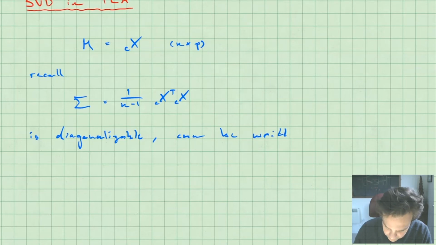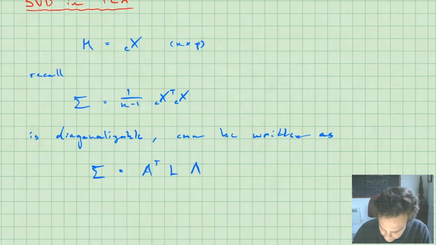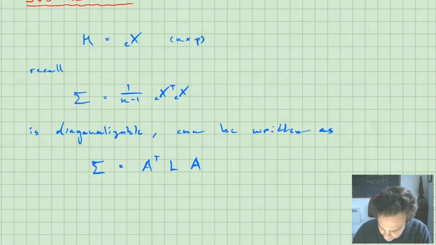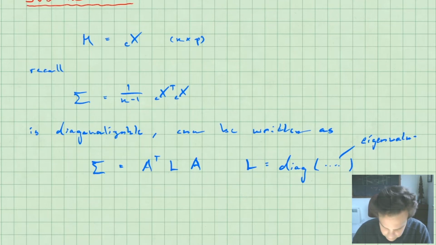We'll say sigma is equal to A transpose times L times A, where L is some kind of diagonal matrix. And these are the eigenvalues of sigma, right?